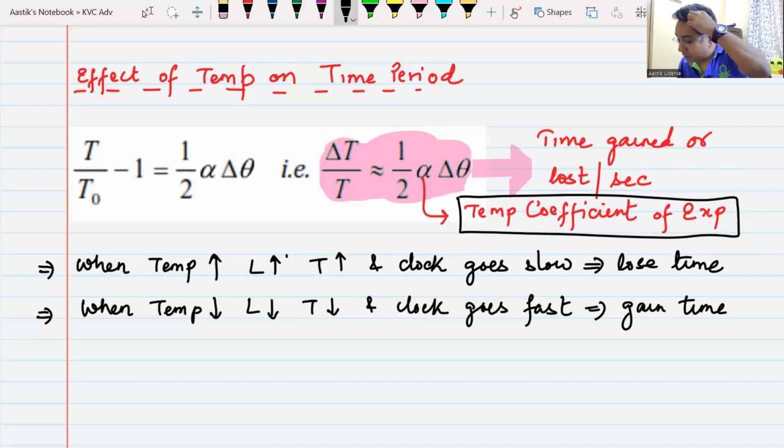So this is what you must remember. Half alpha delta theta. Alpha is known as the temperature coefficient of expansion, linear expansion actually. It tells us how much the body expands with temperature.